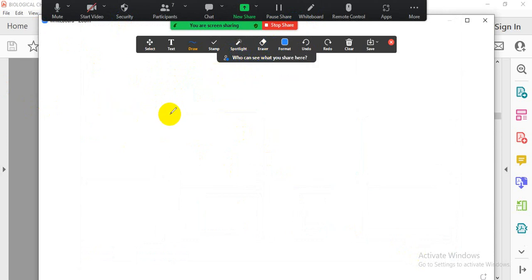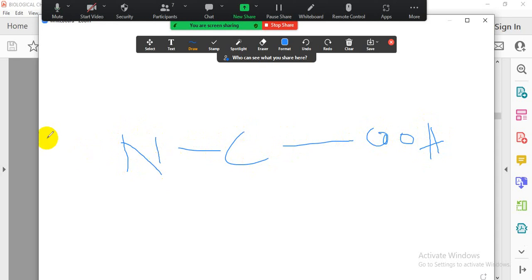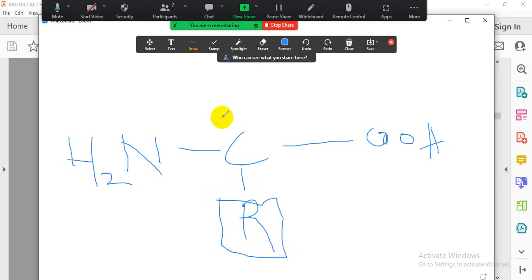So an amino acid now is COOH, NH2. Then this is the most important group.